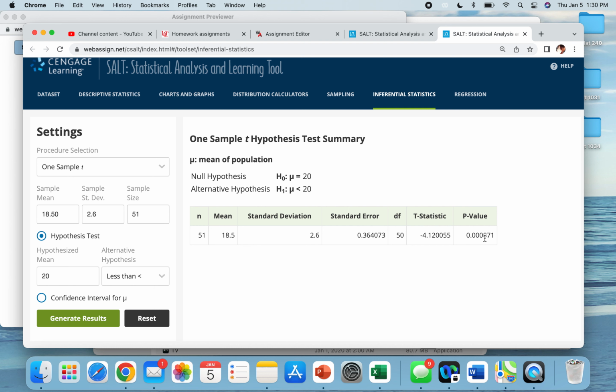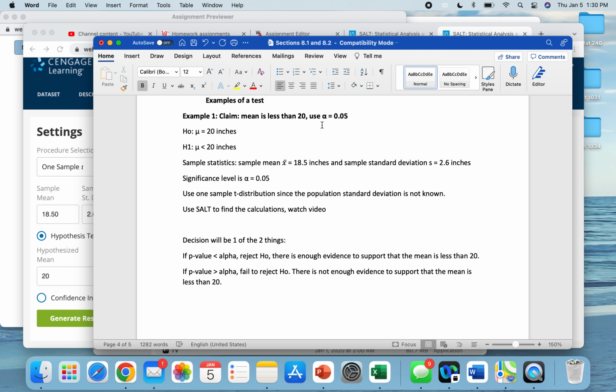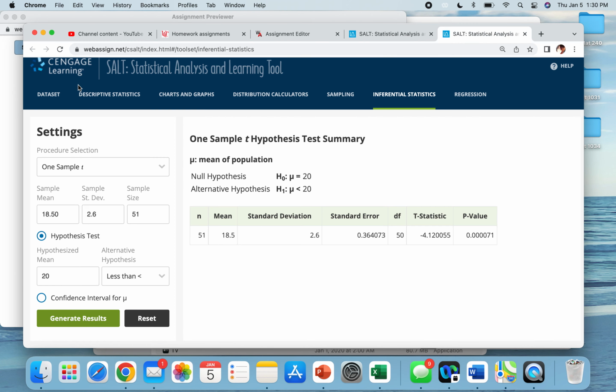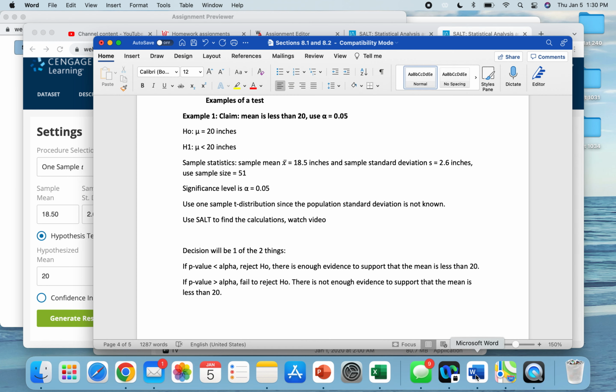Let's go back to our p-value, and let me type in sample size equal to 51. Did you see how small that was? 0.000. That is less than 0.05.